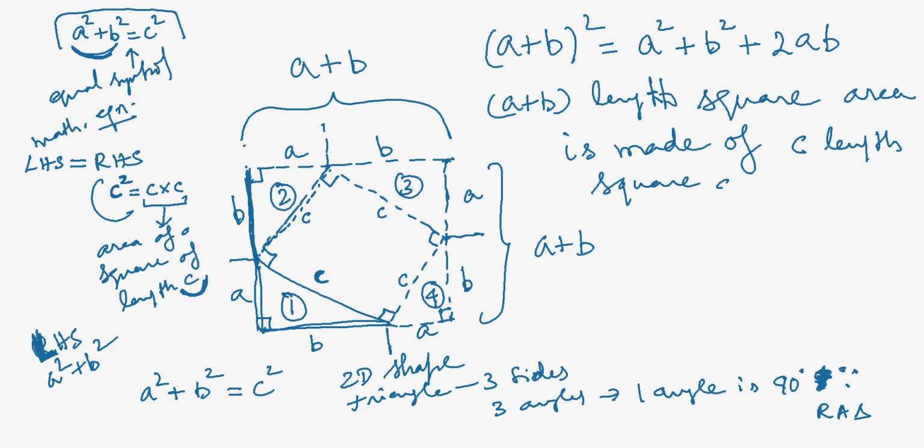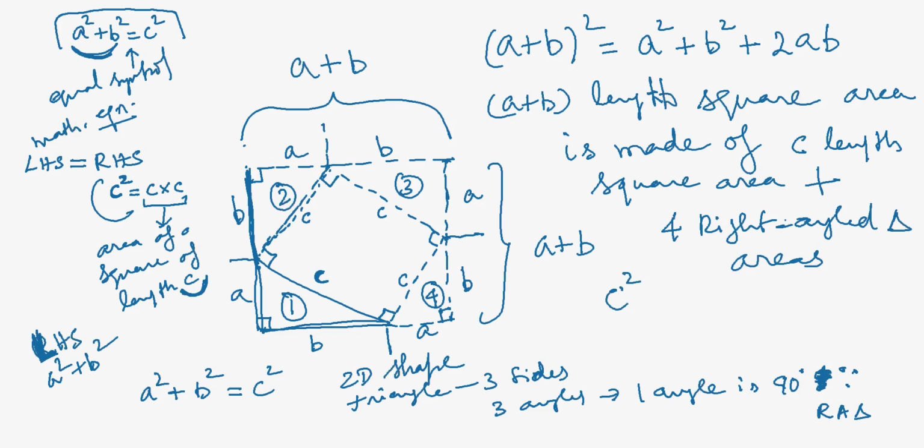Yes. The C square area plus 4 right angled triangle areas, right? So simply we are saying that (A plus B) whole square is C square, that is the smaller square area, plus 4 times one right angle triangle's area.